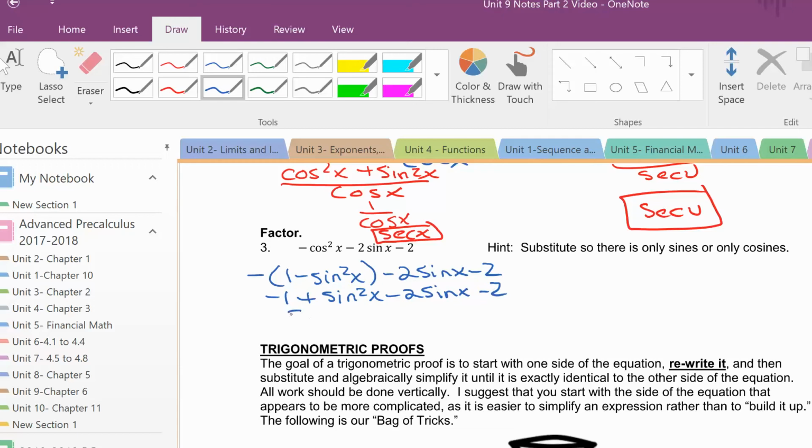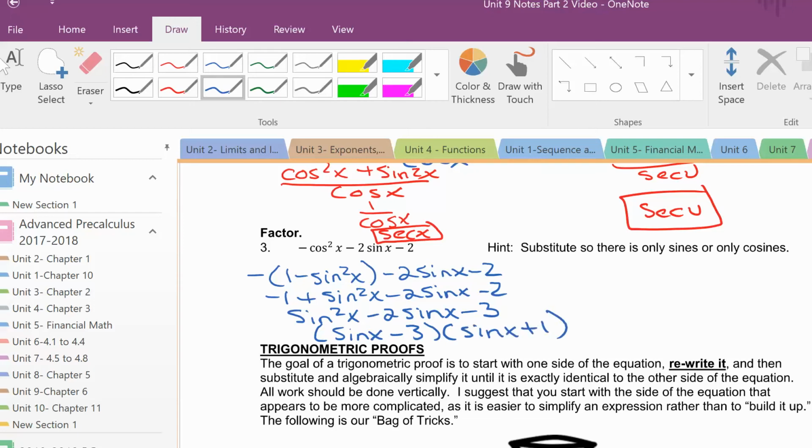Combine like terms. And then factor. So you get sine x minus 3, sine x plus 1.